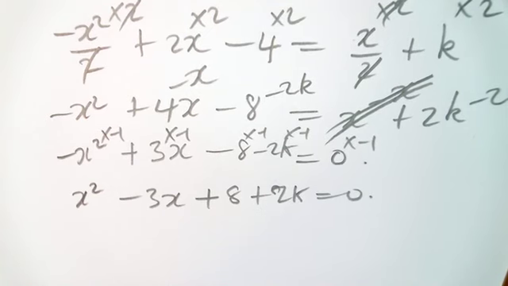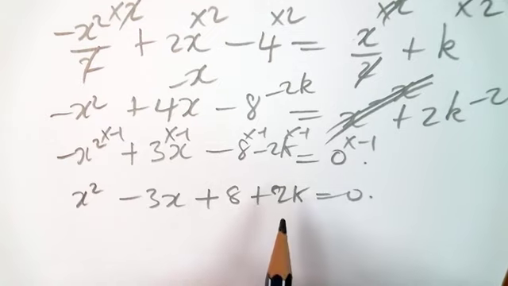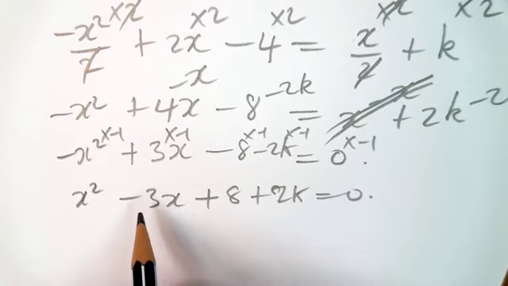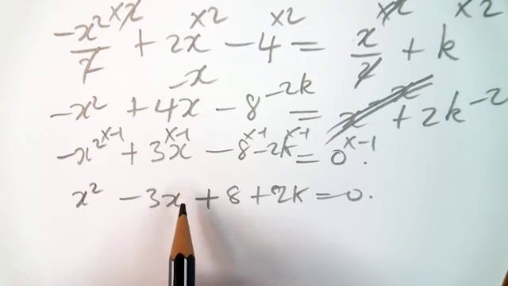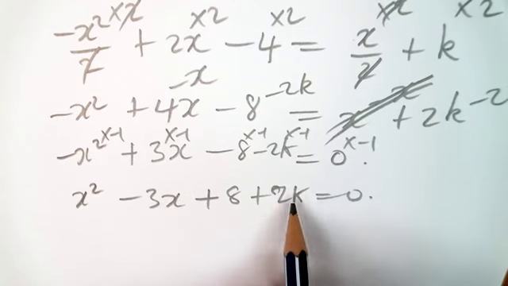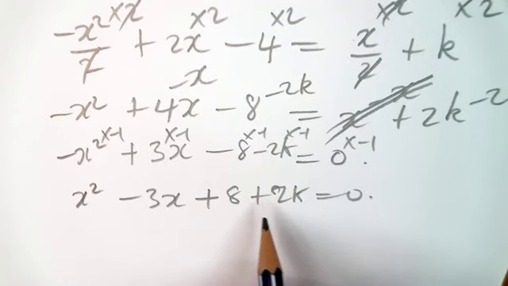Now again, we've got the same situation. We want to solve and find out what x would be if there was only one point of intersection, but we can't because we've got a non-numeric value as part of the coefficient of one of the x terms.